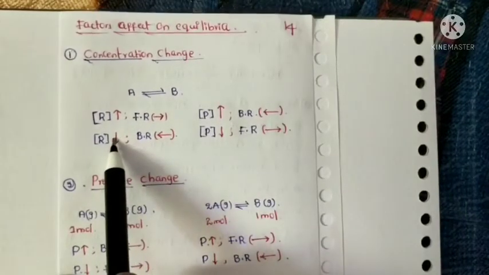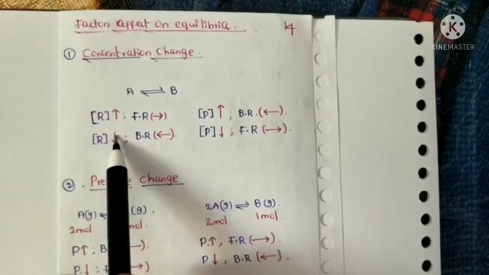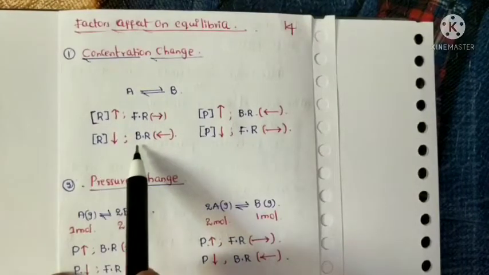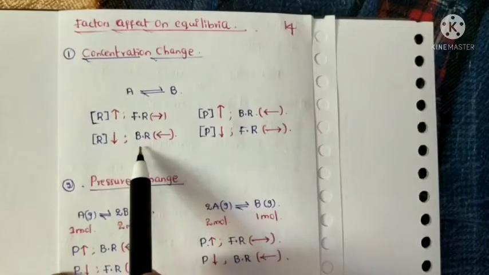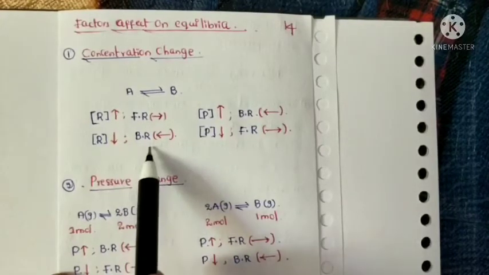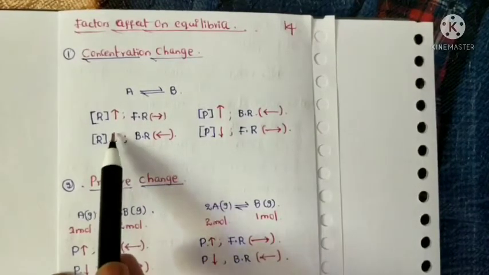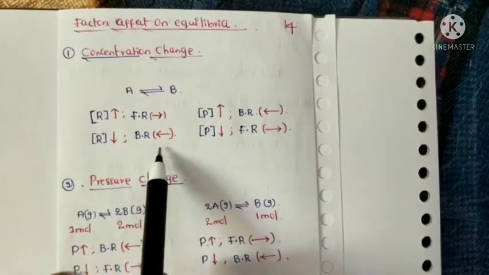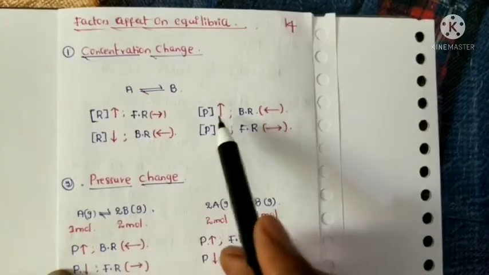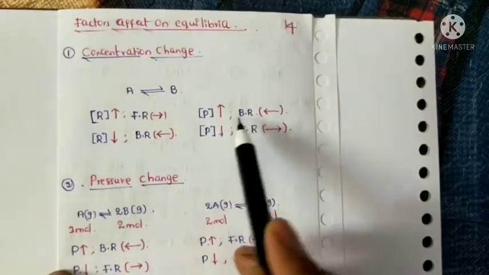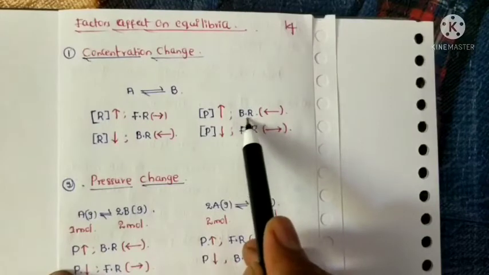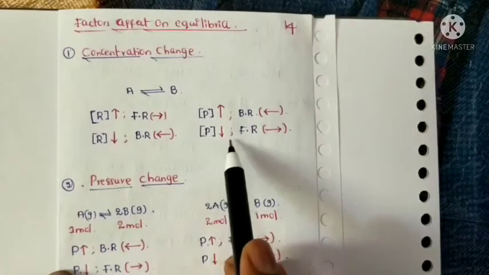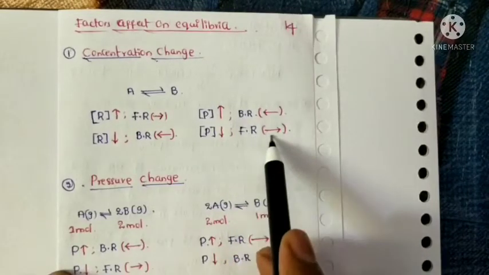Next, when the reactant concentration is decreased, the equilibrium will be shifted to the backward direction. Next, increasing the product concentration favors the backward direction, and decreasing the product concentration favors the forward direction.